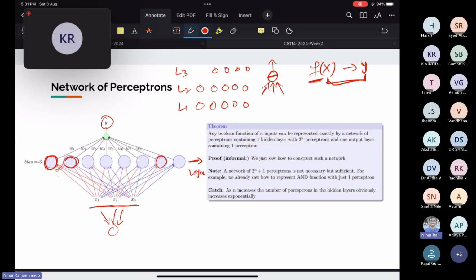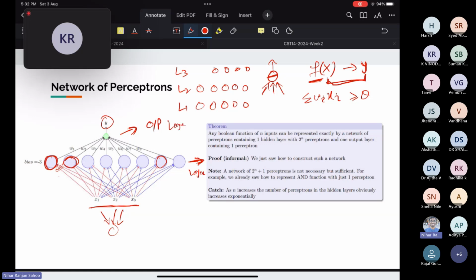Last time we presented this network by summation of wi xi greater than theta. Here it's the same thing. The only change is that now this is one layer, but the output layer is this neuron only. These neurons can be called neurons from the intermediate layer. This can be called the output layer neuron.